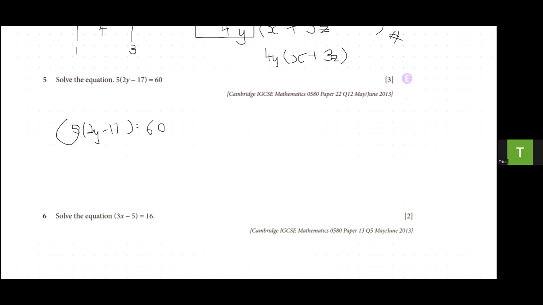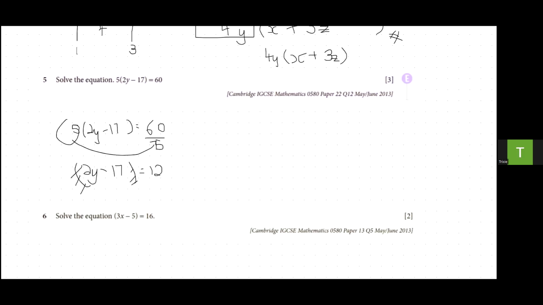So we will remove here, times becomes divide, so you will get 2y minus 17 equals to 60 divided by 5, which is 12. Then, because there's nothing outside of the bracket, we can just immediately remove the bracket.